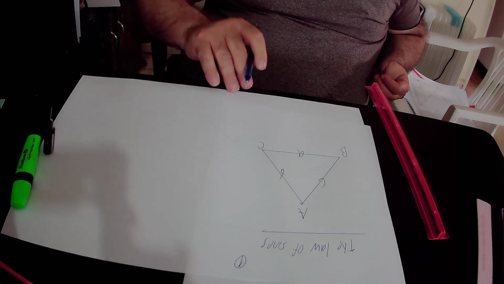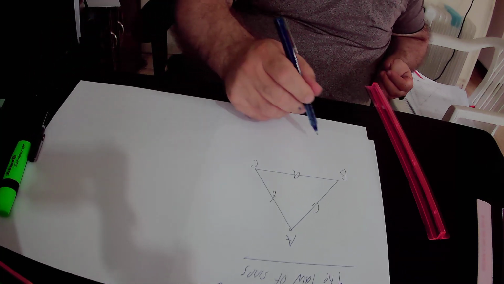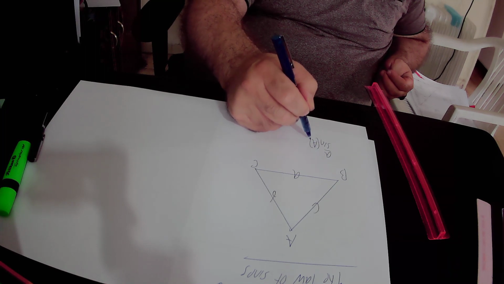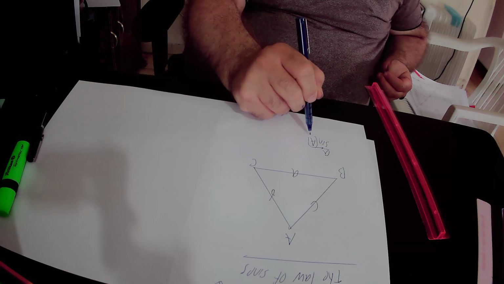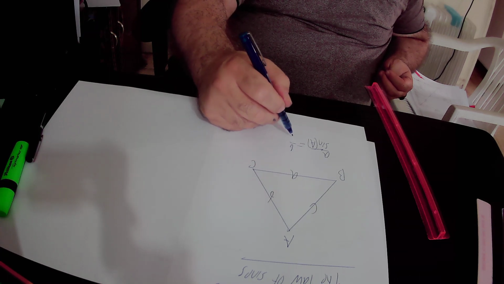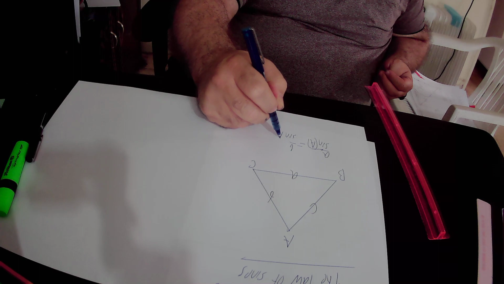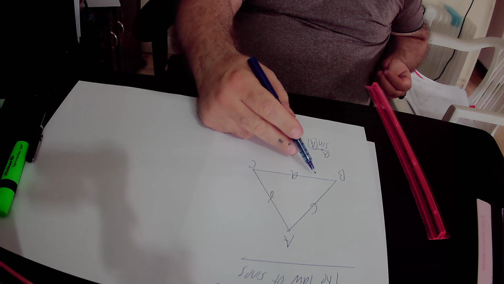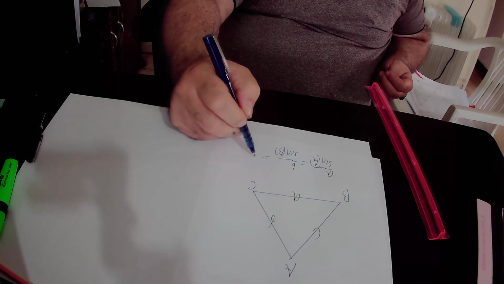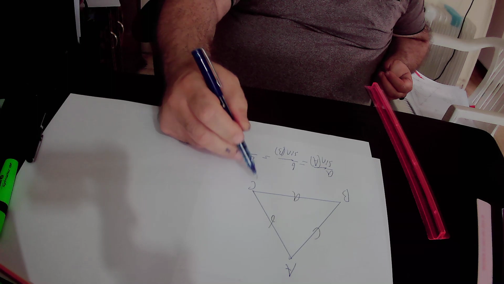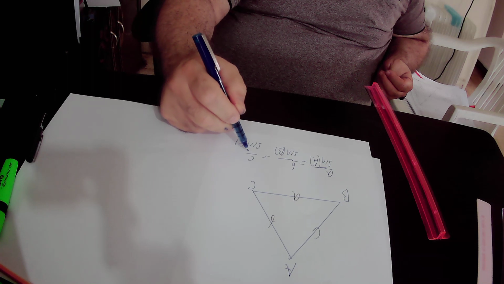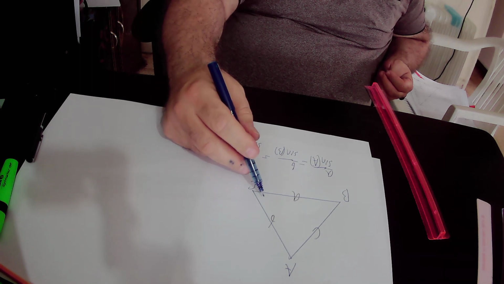Then according to the law of sines, we get that A over sine A, where capital A is the size of angle BAC, equals B over sine B. Again, capital B is the size of angle ABC, and it is equal to C over sine C, where C is the size of angle ACB.